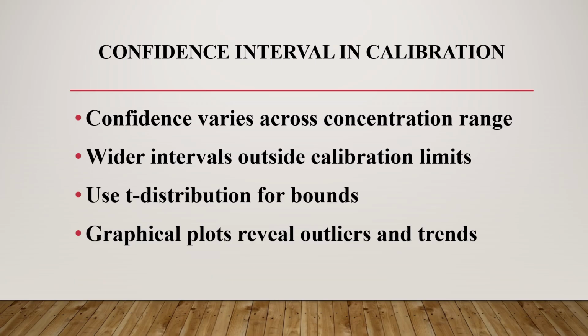For example, a predicted value of 18 mole per liter might have a 95% confidence range of 14 to 22 mole per liter. We use the t-distribution to calculate these bounds, adjusted for degrees of freedom. Graphical plots of the calibration line with confidence bands help us spot outliers and nonlinear trends. This approach can also be applied to unknown samples, giving us a quantified uncertainty for its prediction.